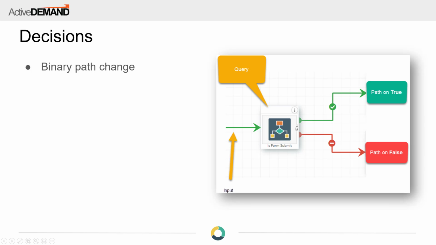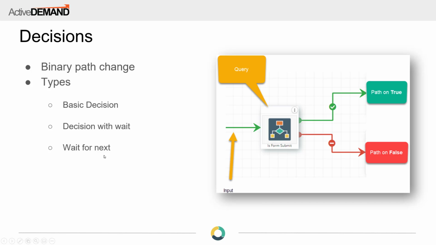When you're building your workflows, you'll drag and drop a decision onto the canvas, and the first wire that you drag from it will be the green wire. The second wire you drag from it will be the false wire. Based on the type of decision, the false path varies on how it is actually executed, and I'll explain that.